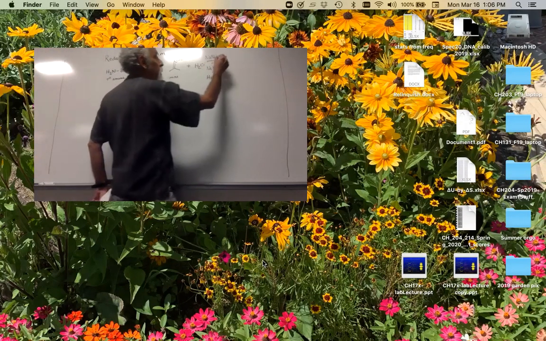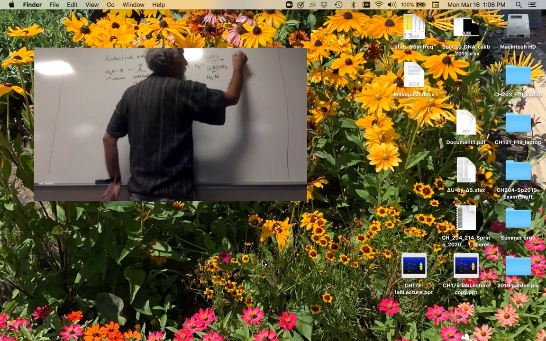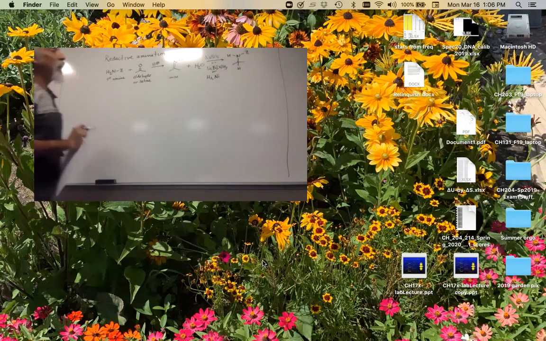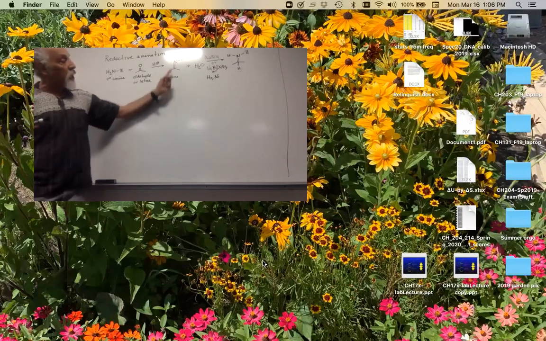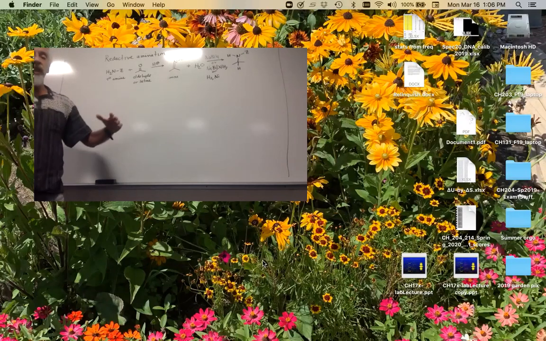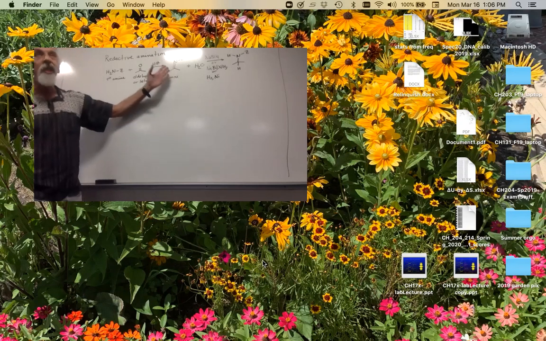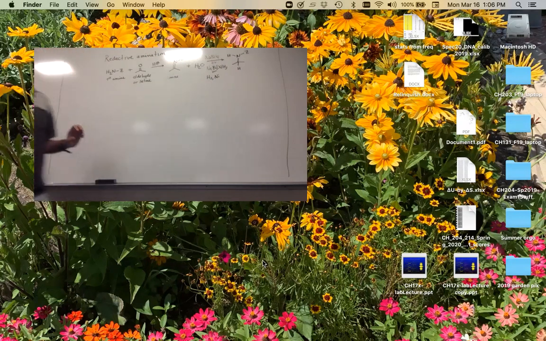And anyway, the product here is going to be the reduction of the carbon-nitrogen double bond to a carbon-nitrogen single bond. So remember in Orgo 1, the carbon-carbon double bond was reduced by hydrogen to a carbon-carbon single bond, and hydrogen was added across where the double bond used to be.